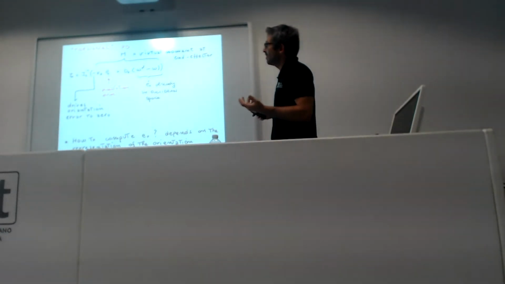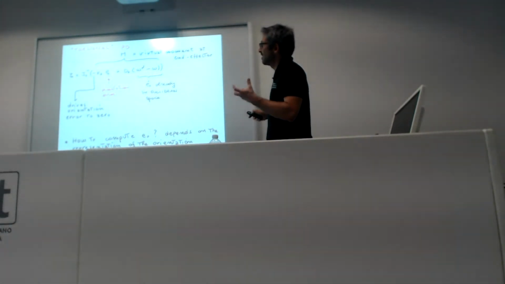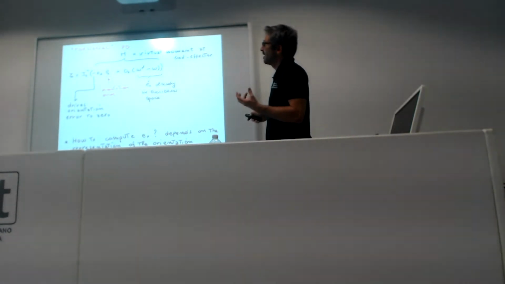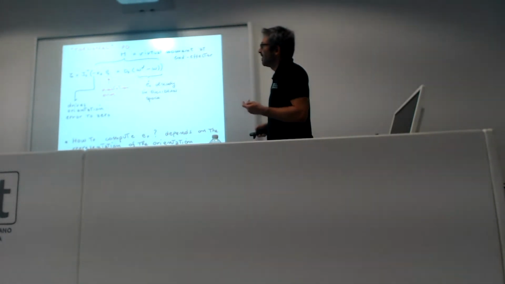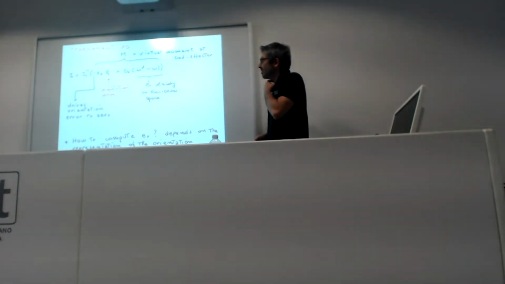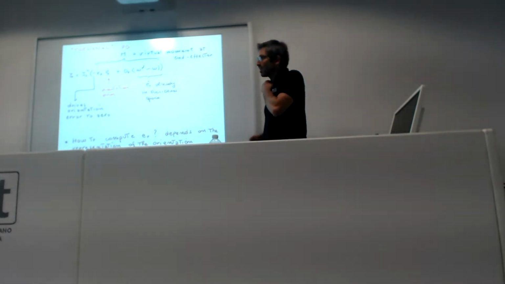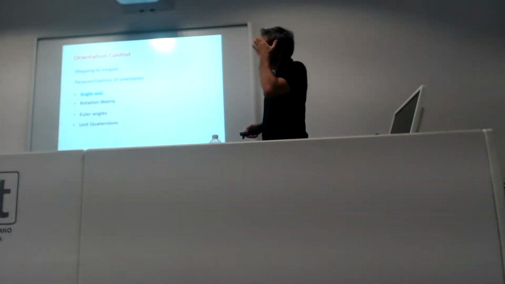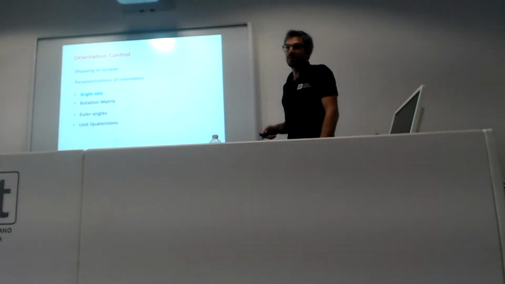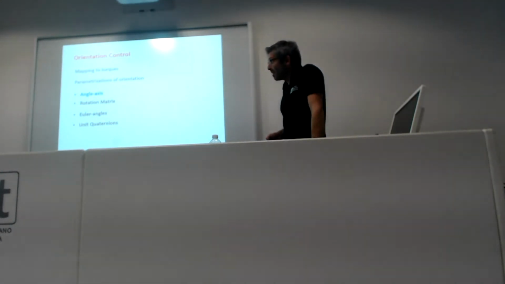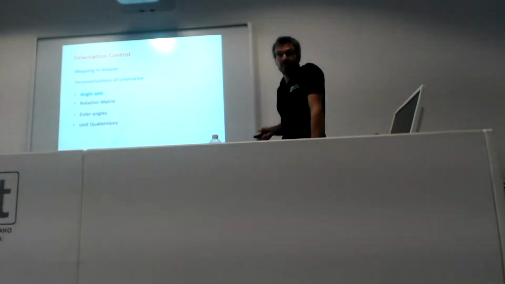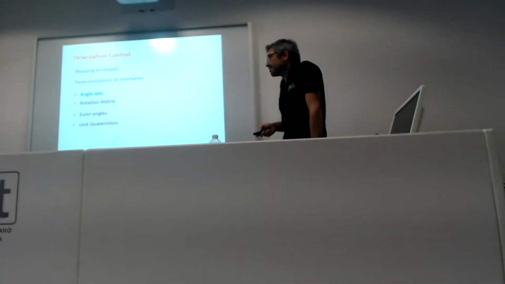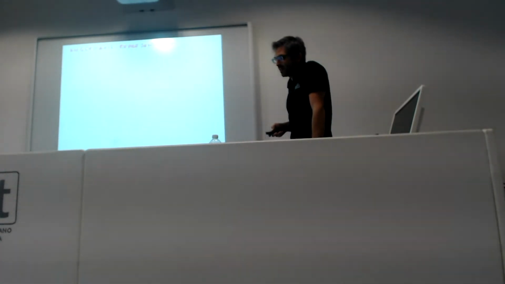Even if in the linear case, at the velocity level, it's easy, at the orientation level, the orientation error really depends on how we represent the orientation, so on the kind of parameterization of the orientation. We have several possible parameterizations of the orientation. I present only 4 of them. There's also the exponential map, but for the sake of brevity, we will not cover it.